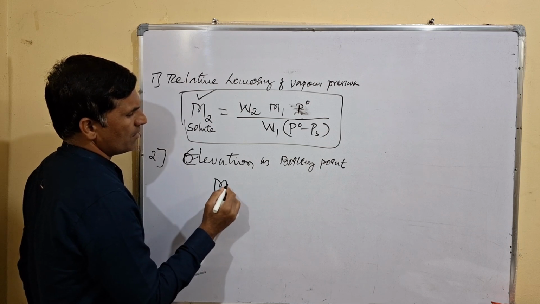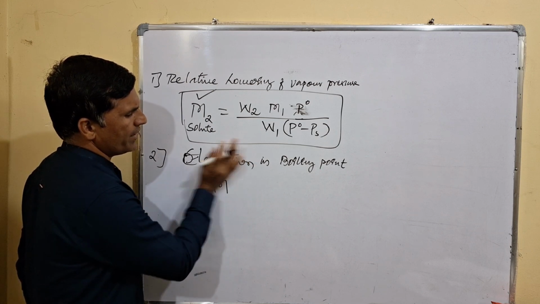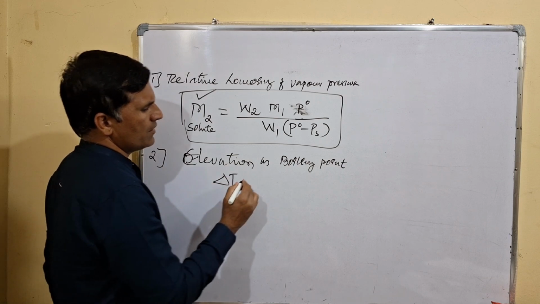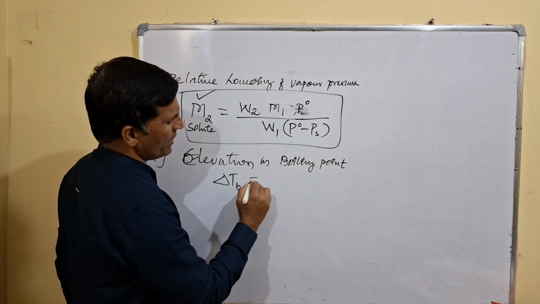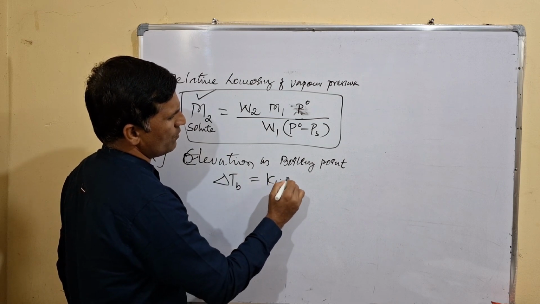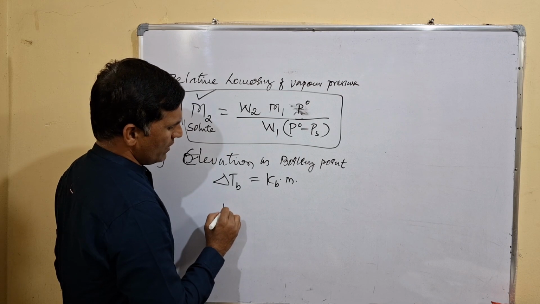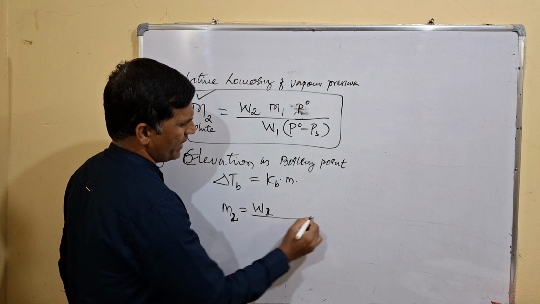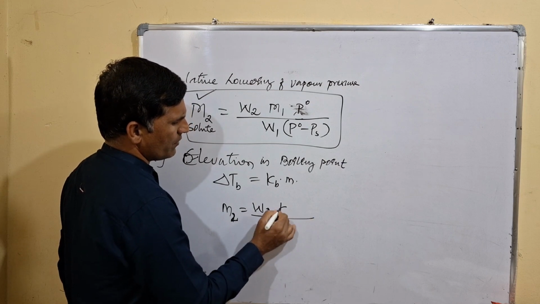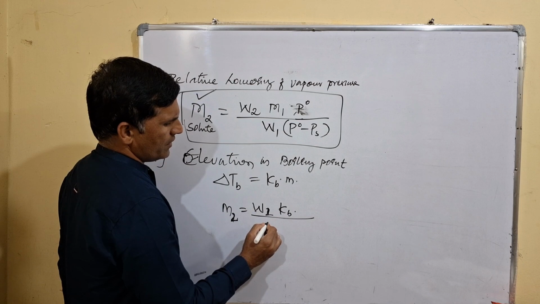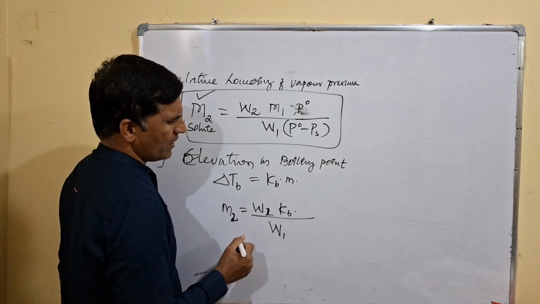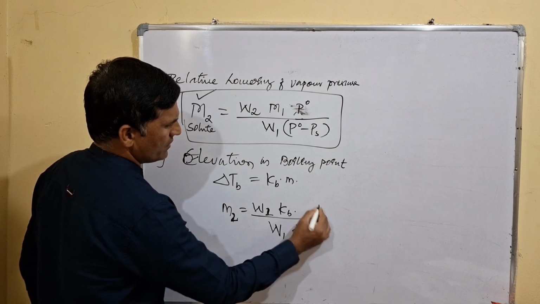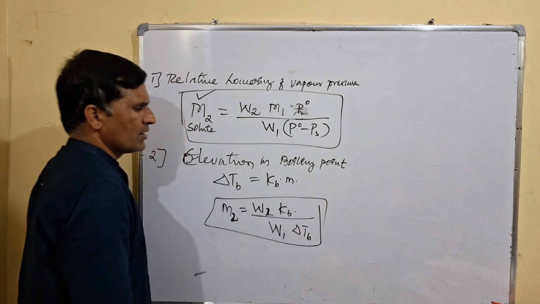Here, delta TB, the difference in boiling temperature, is equal to KB into molality. Therefore the formula turns out to be M2 equals KB into W2 divided by delta TB into the weight of the solvent. This is the second formula that we are going to use.